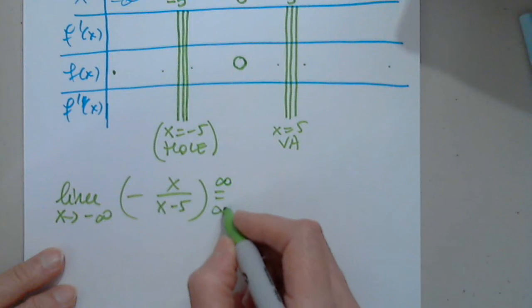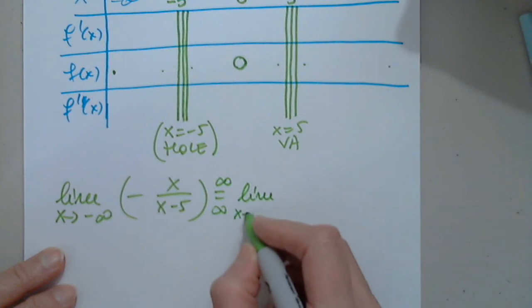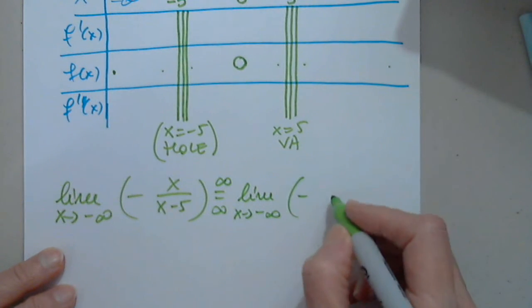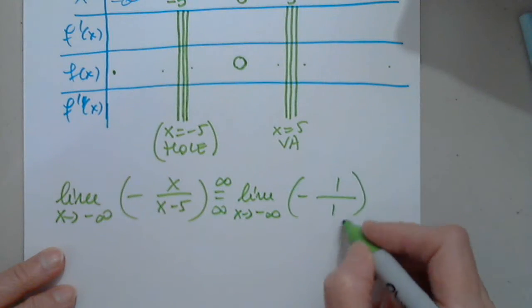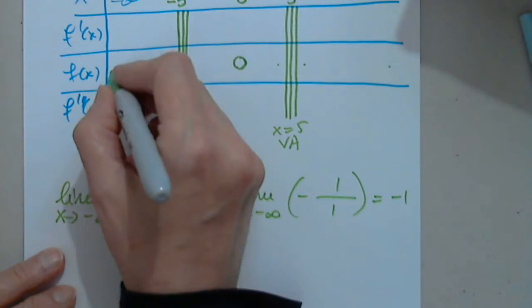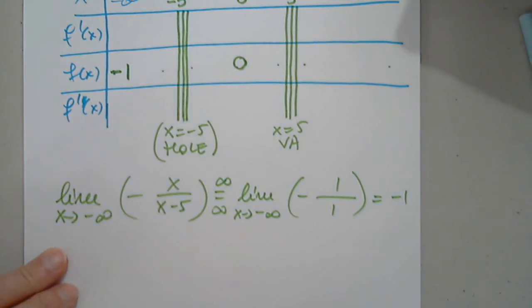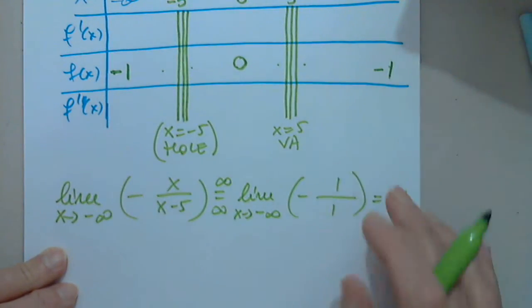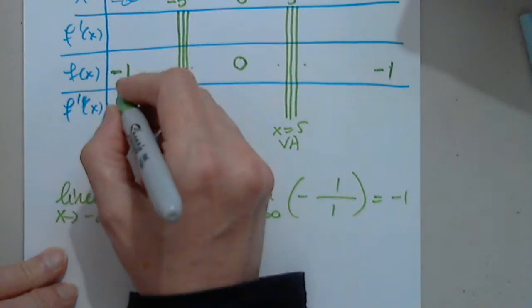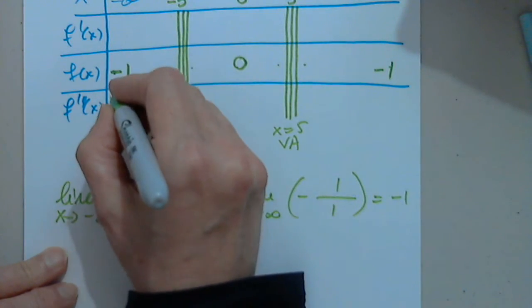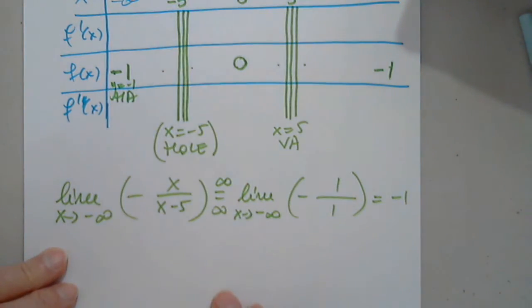Well, it's infinity over infinity. I will use L'Hopital's rule. The numerator is 1, the denominator is 1, so the answer is -1. I did not use plus or minus, so this must be -1 as well. And I write myself a note, y equals -1, horizontal asymptote.